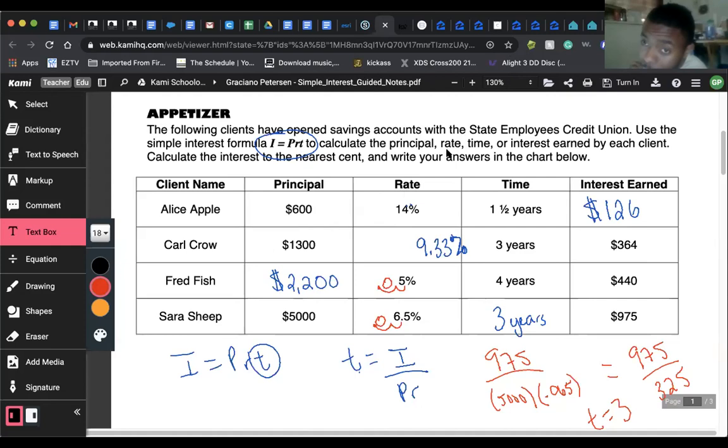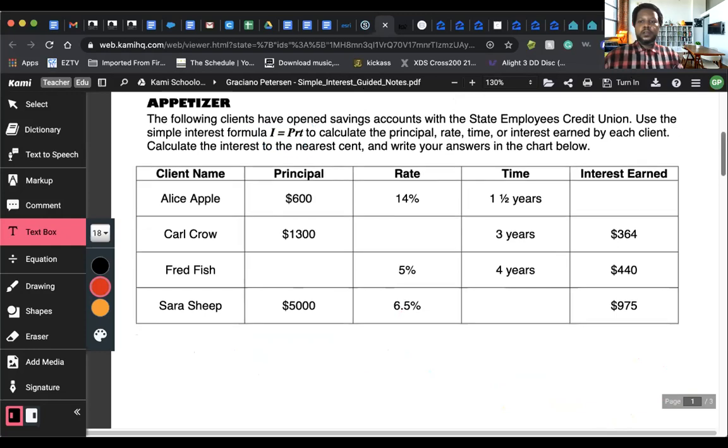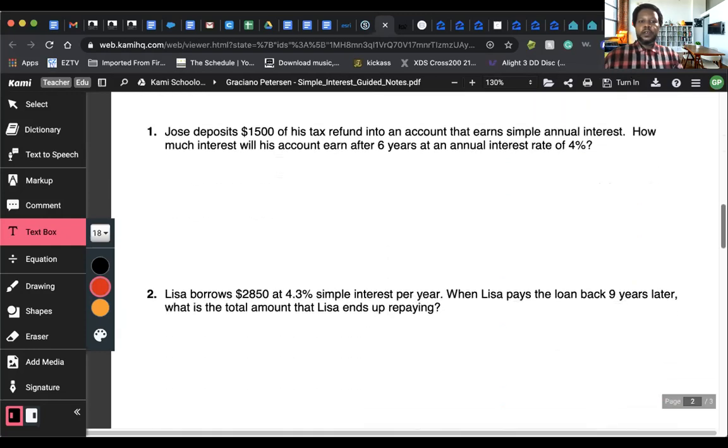Okay, good. Glad you remember. All right, let's keep moving then. Let me erase this. All right.